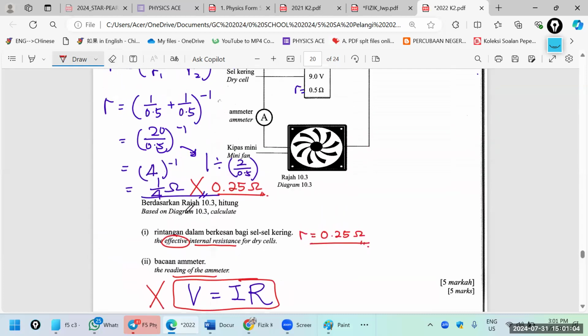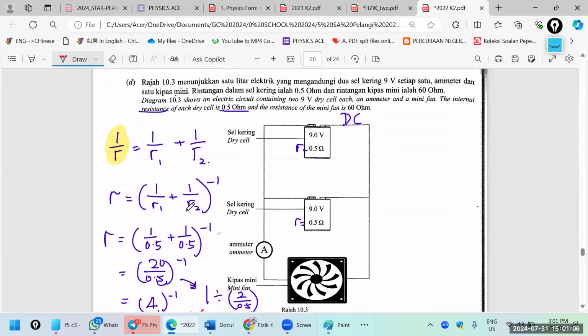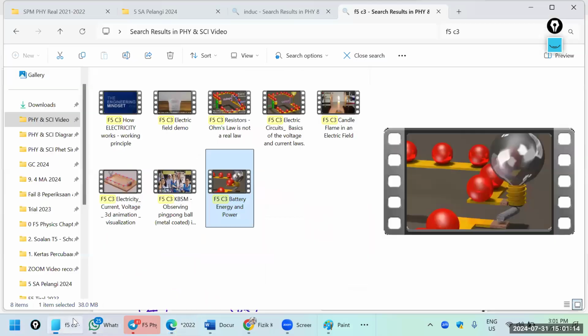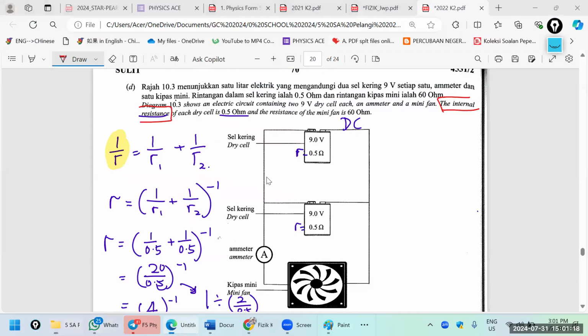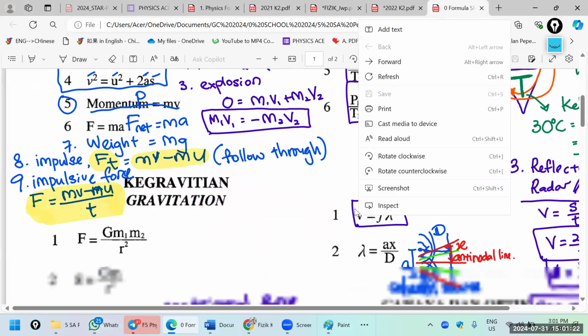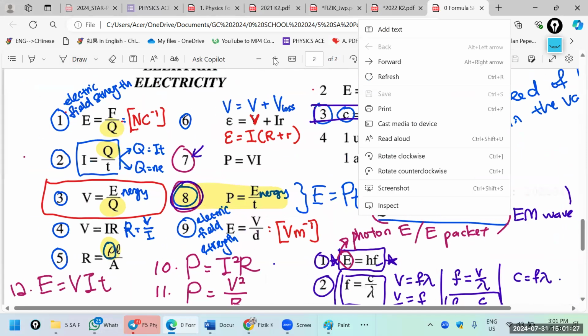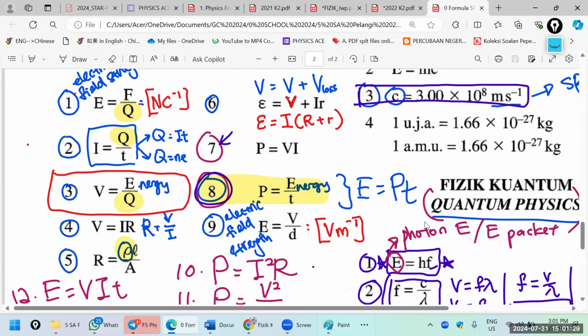Because something is mentioned here. Internal resistance is mentioned, so we use, which one? First one.